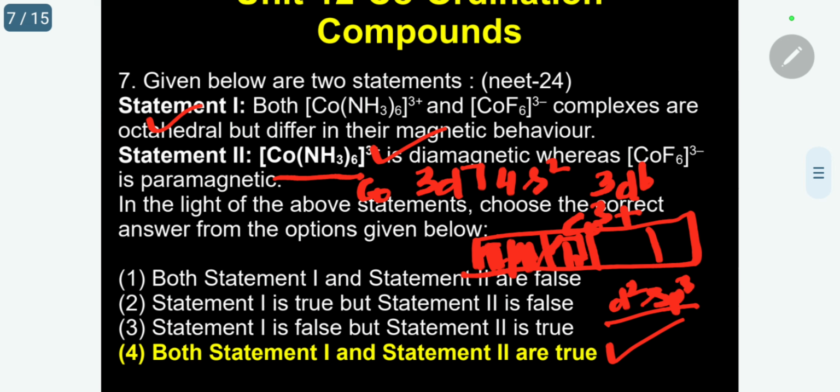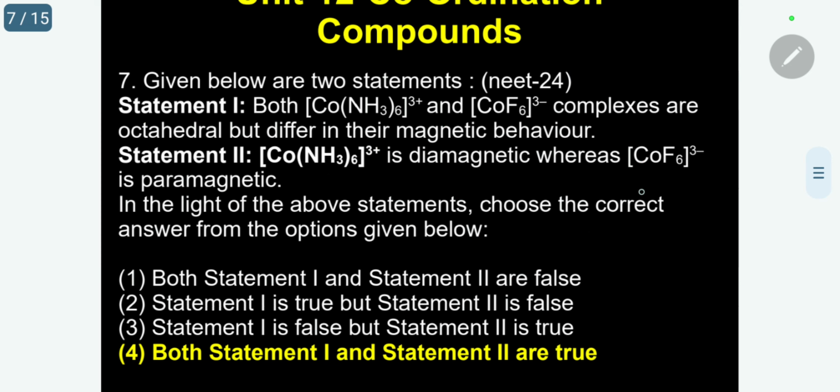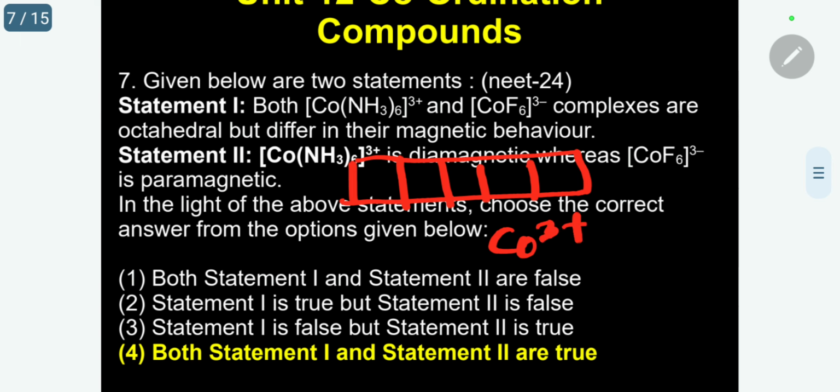Coming to the magnetic character, we have identified the first one is diamagnetic. Let us go for the second one, CoF6. As usual, Co3+, that means d6.